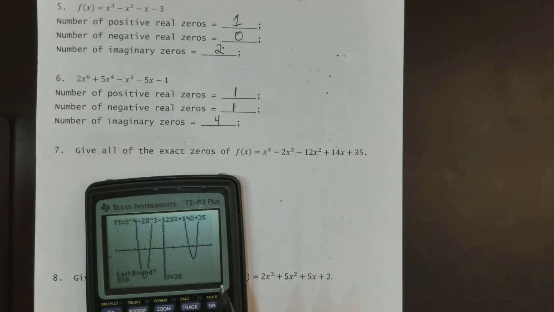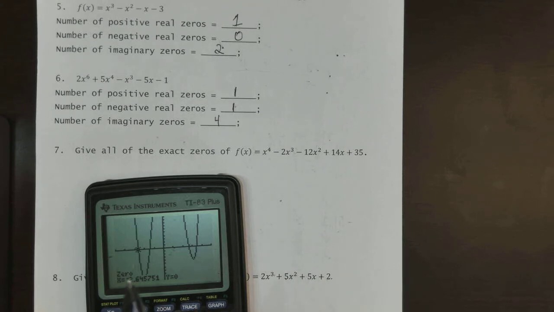Left bound. Let me look for something over here. Hit enter. Go down there and hit enter. Okay, that one doesn't look like it's a rational one.